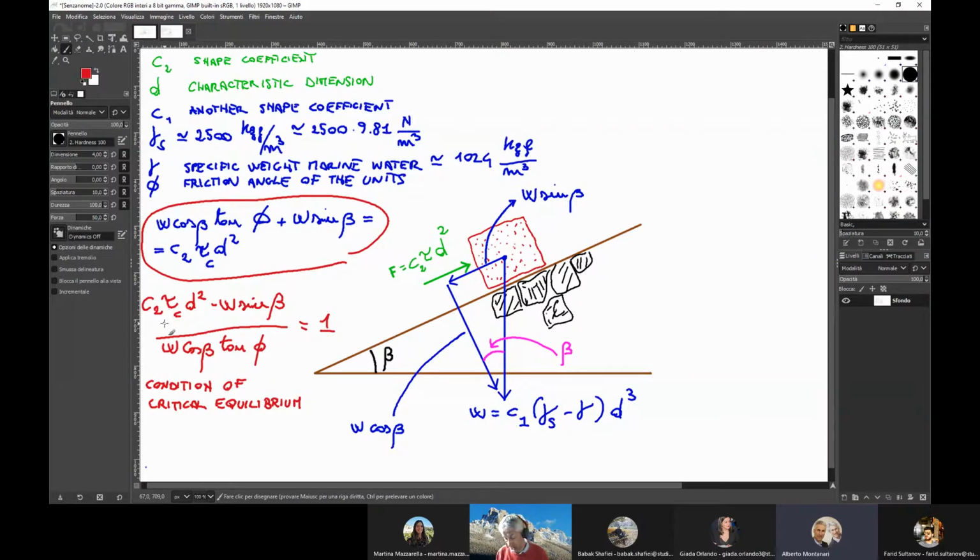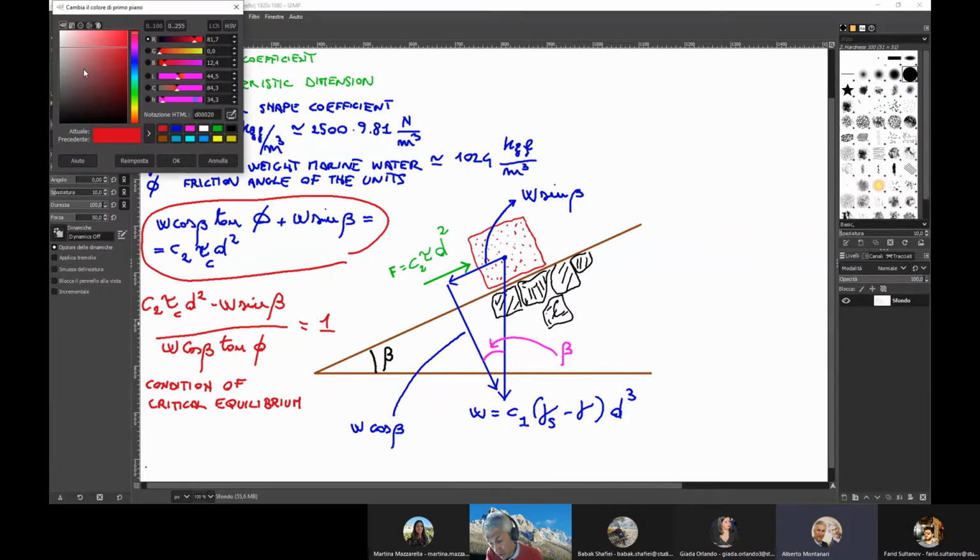So now we have two steps to complete. The first is to find an estimate for tau C, and we have to apply the relationship written in red on the left bottom part of the blackboard, but we can rearrange it a little bit. Why? Because I can substitute for W the expression that you saw here.